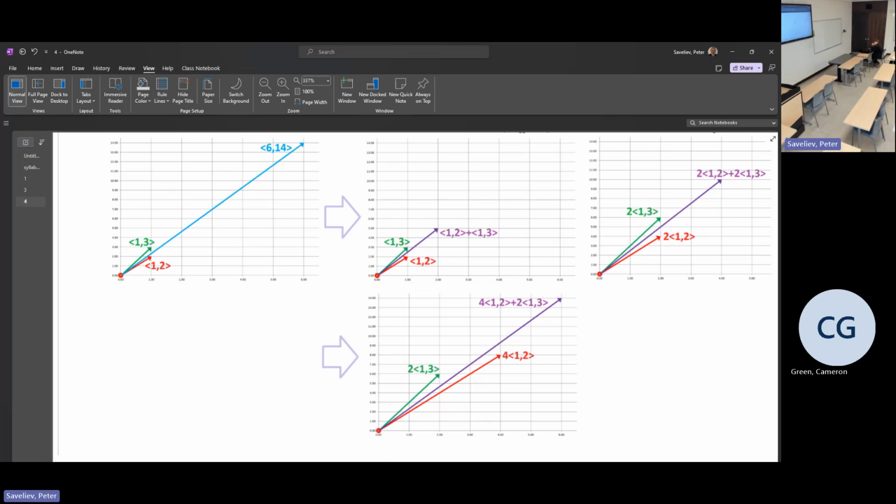So this problem is solved. (6, 14) has been recreated as a linear combination of the original vectors (1, 2) and (1, 3). That's a linear combination problem, and that is the new interpretation of the problem that we started on the first day of class. Remember, we solved the problem by two lines intersecting, but this is better.